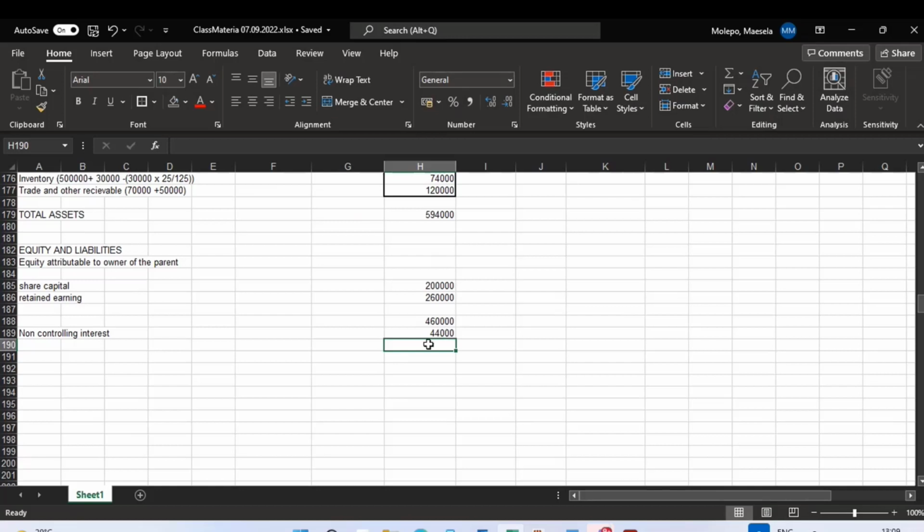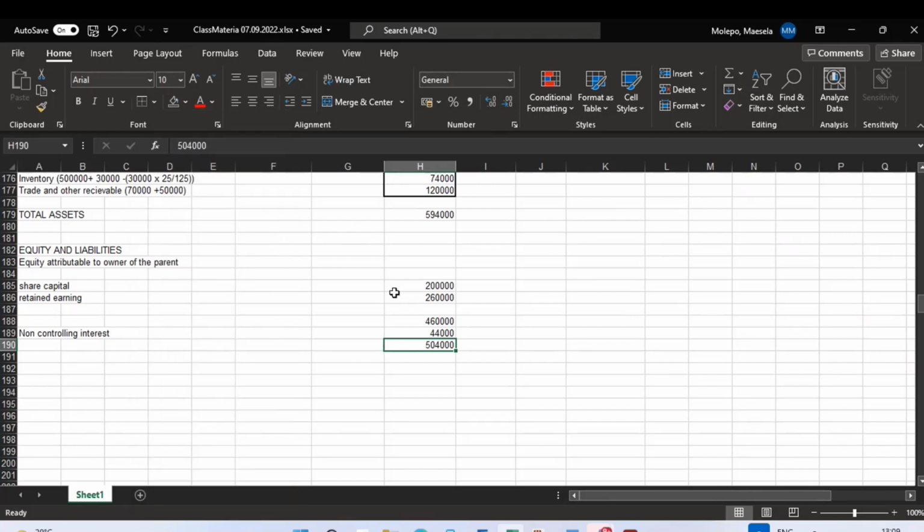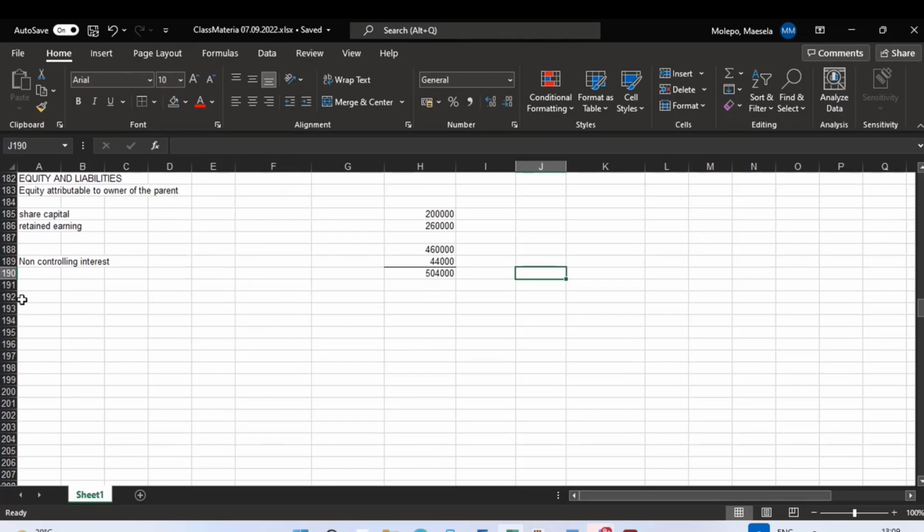Then when we add the two, we're going to have 504. Then we're going to have the liabilities.